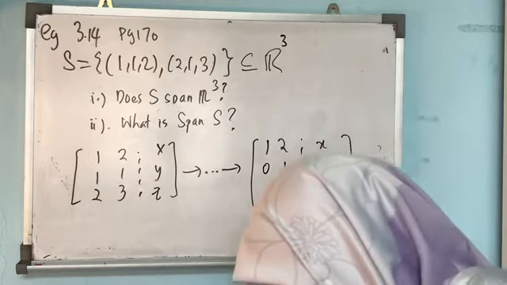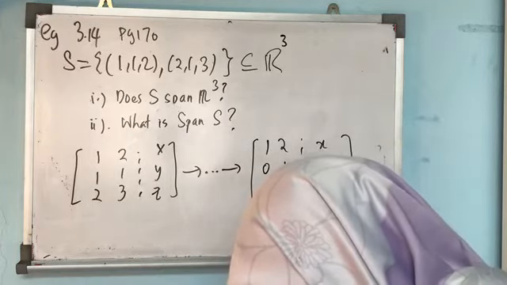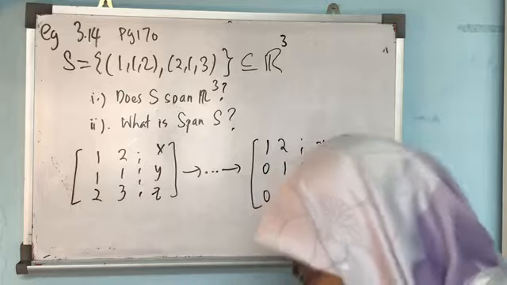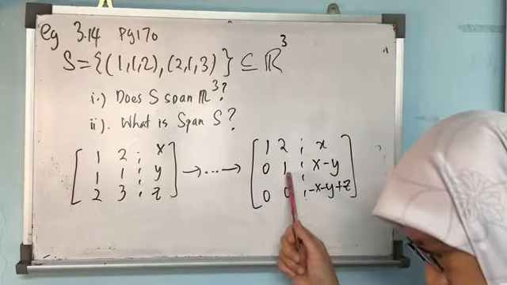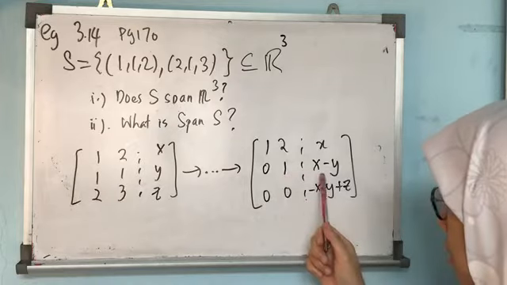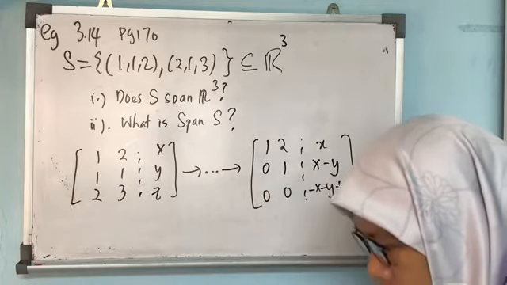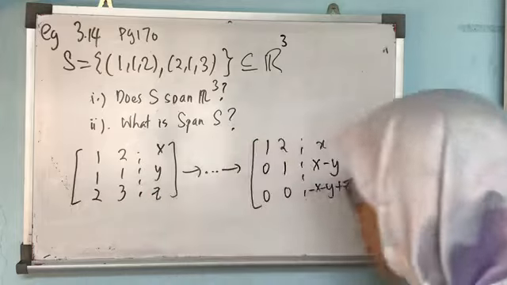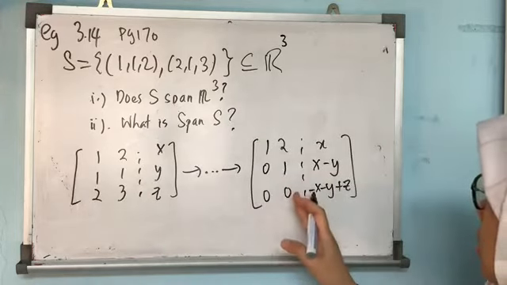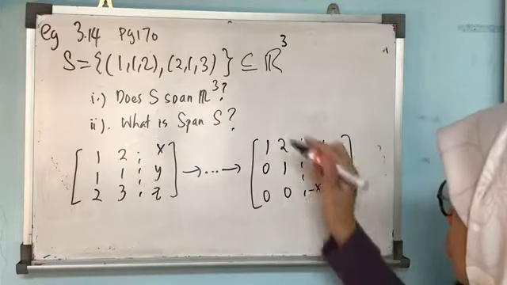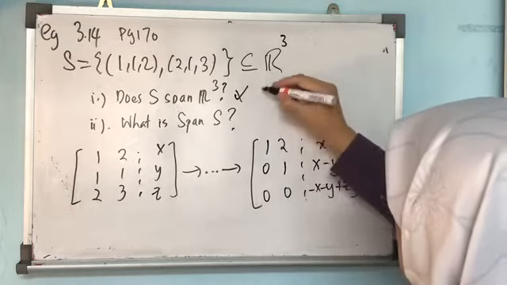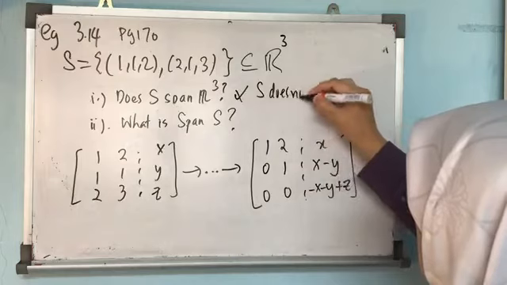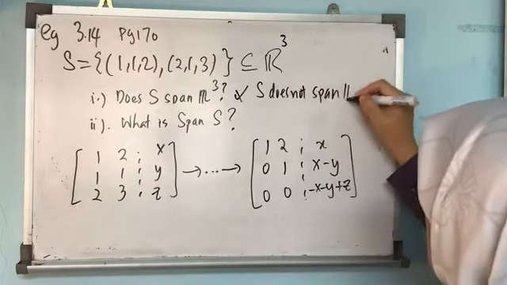Okay, 1 more. So this is row echelon matrix. Make this 1, which means this is X minus Y. Now, this is inconsistent, so S does not span R3. Oops. S does not span R3.